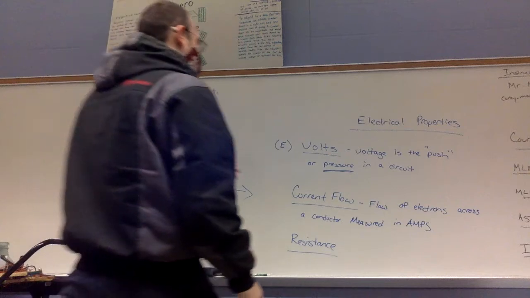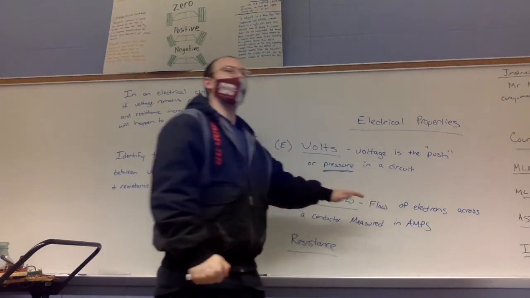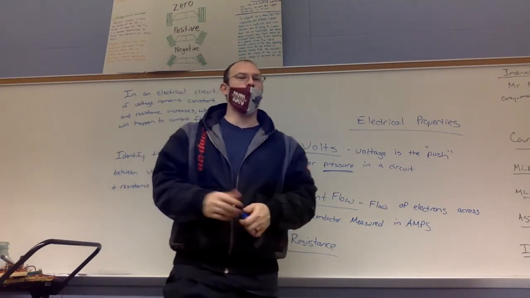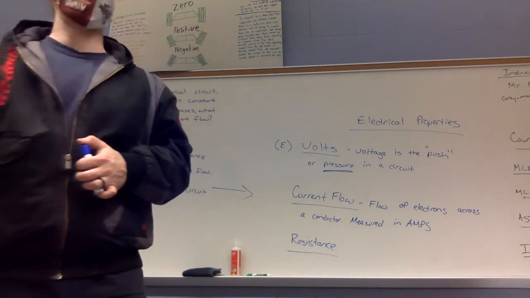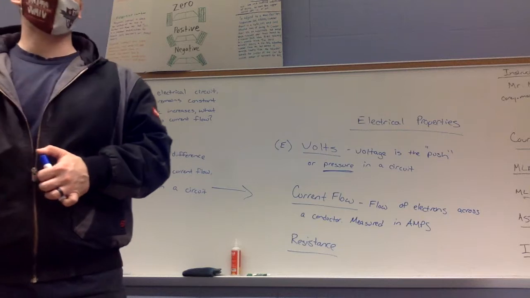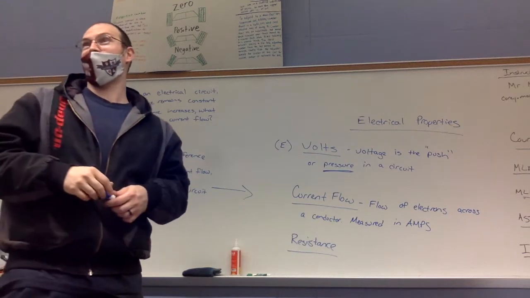Okay, so current flow is the movement of electrons. Going back to the garden hose analogy, the actual movement of that water through the hose is the current in the water hose circuit.